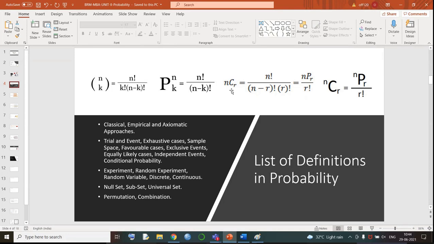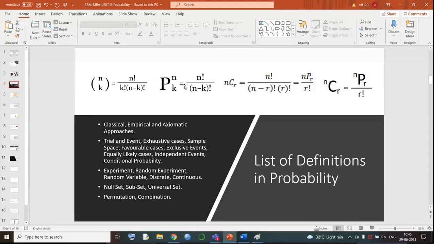That is combinations. Permutations means nPk is equal to n factorial by n minus k factorial. See the difference between these two. In combinations we have k factorial also, but in permutations we do not have k factorial. Again, I'll explain the concept of those problems.